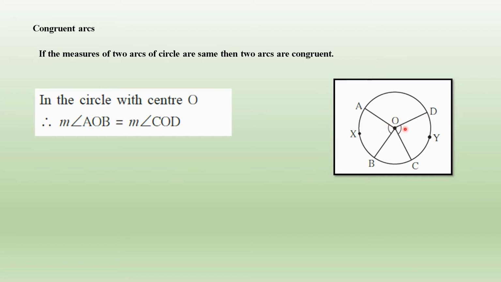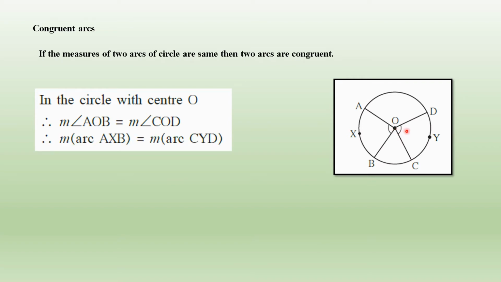So these angles are equal. These angles are also called central angles, the reason being that they are angles formed at the center of the circle. So I'll rephrase it: the central angle AOB is the same as central angle COD.